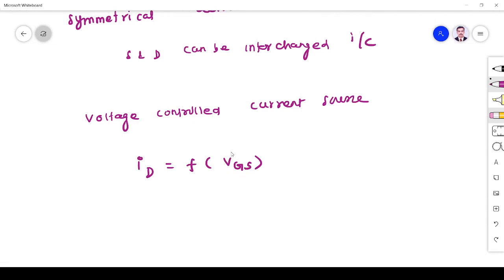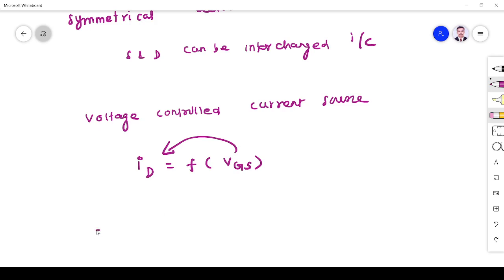That is, voltage controls the current. By varying the gate voltage with respect to the source, the current flow between source and drain is controlled. That's why it is called a voltage controlled current source.